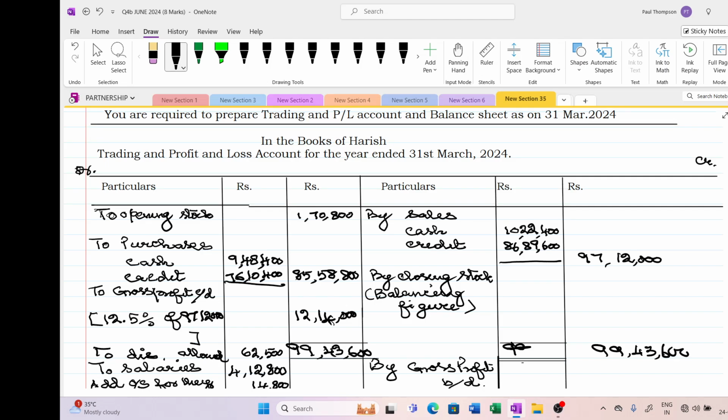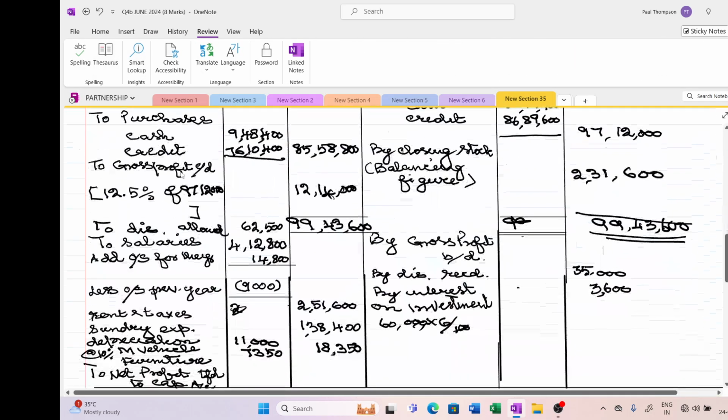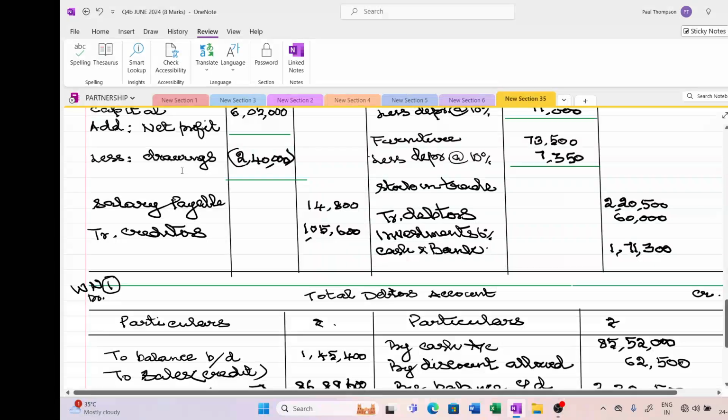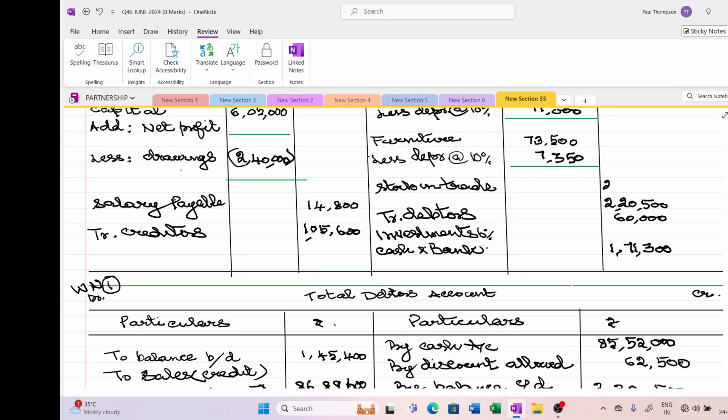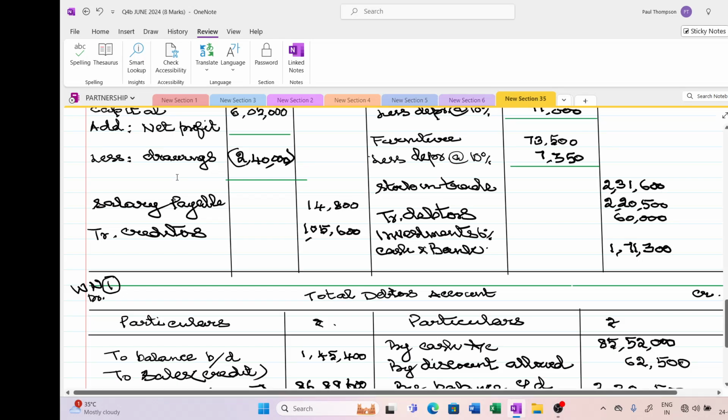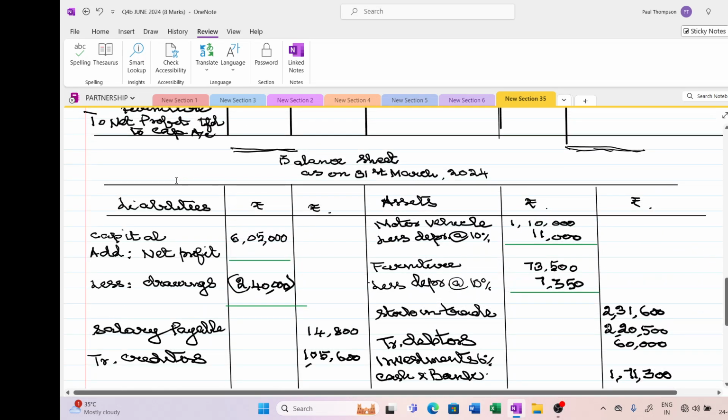The balancing figure is 2,31,600. This is my closing stock. Immediately go to your balance sheet and write the closing stock. Otherwise, you will forget it. Stock 231,600. Done.